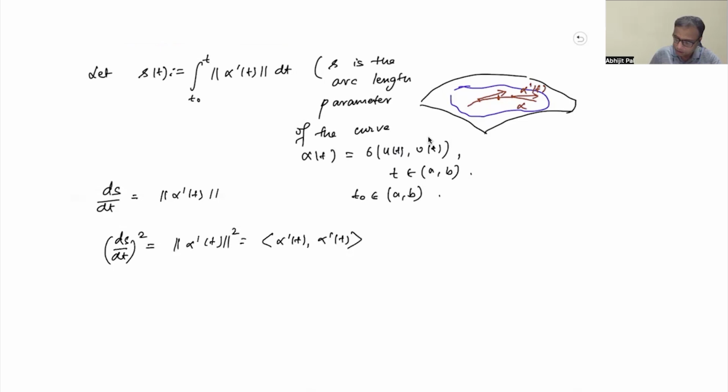Again, alpha prime(t), we know that it is equal to sigma_u du/dt plus sigma_v dv/dt. These sigma_u, sigma_v are evaluated at alpha(t).